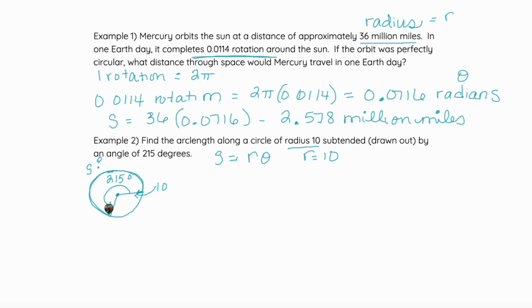Well, we are in degrees and we need radians. We can find radians by taking 215 degrees and multiplying by pi radians over 180.